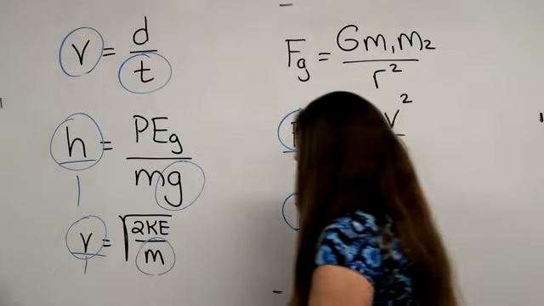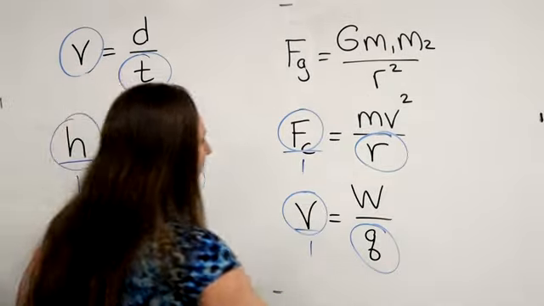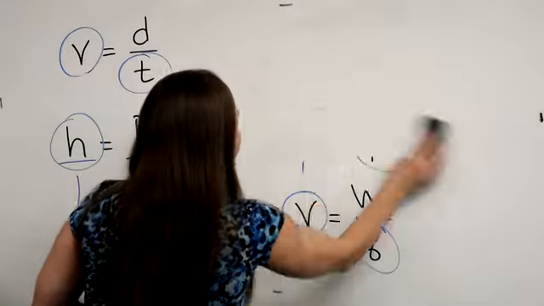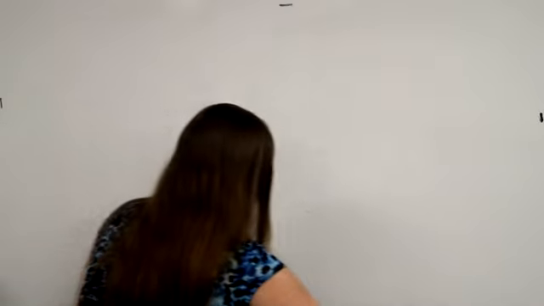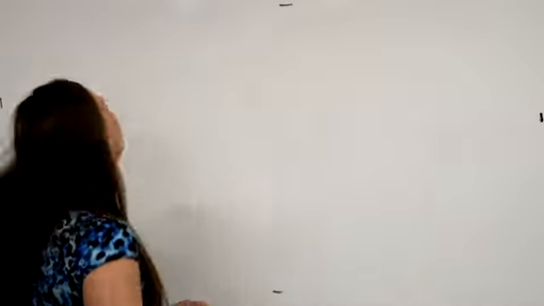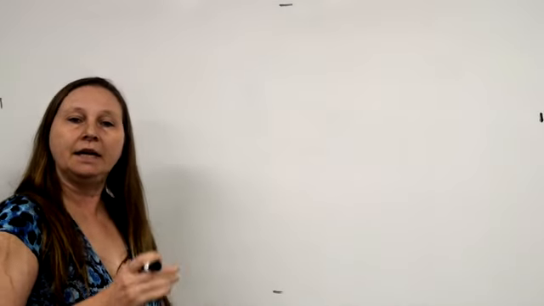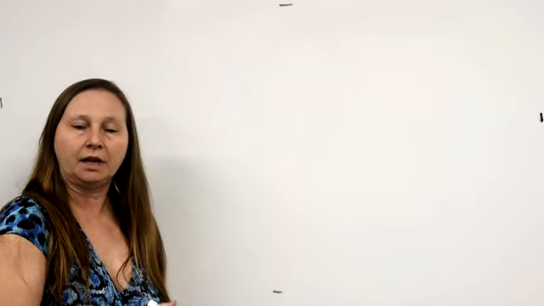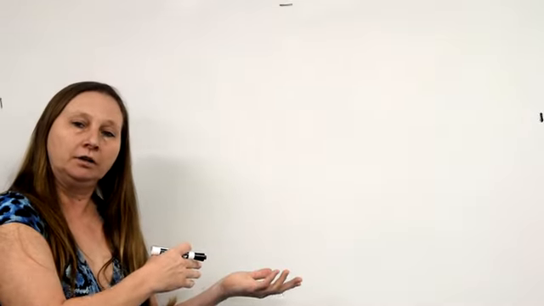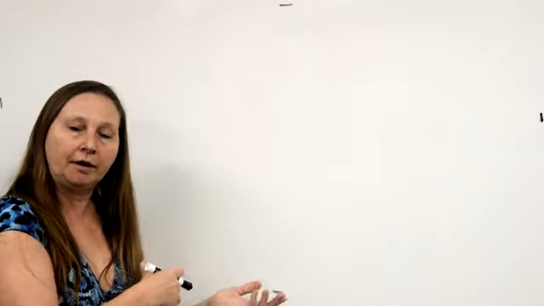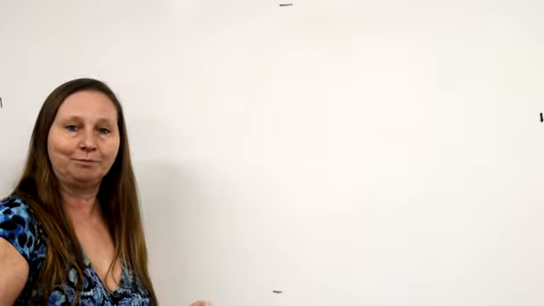Now, let's do the same thing with inverse relationships that we did before with direct relationships and just do a little bit of math, so that we can see exactly, quantitatively, how changing one variable affects the other variable if you have an inverse relationship.